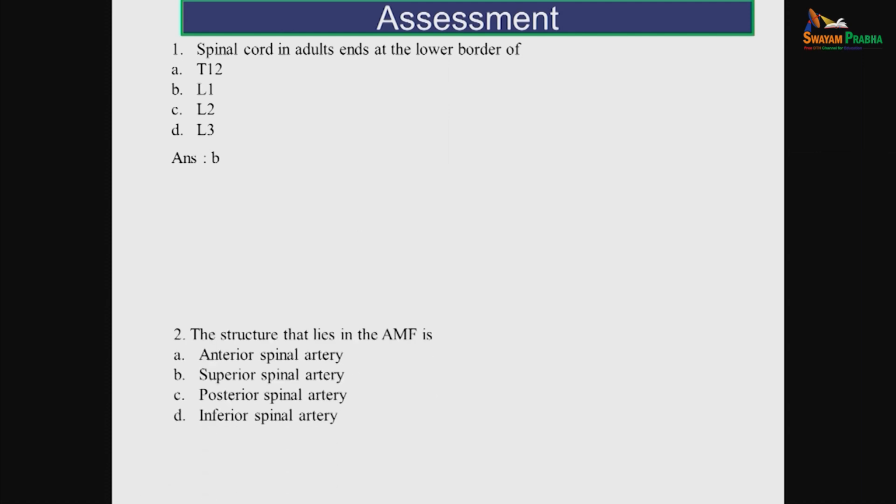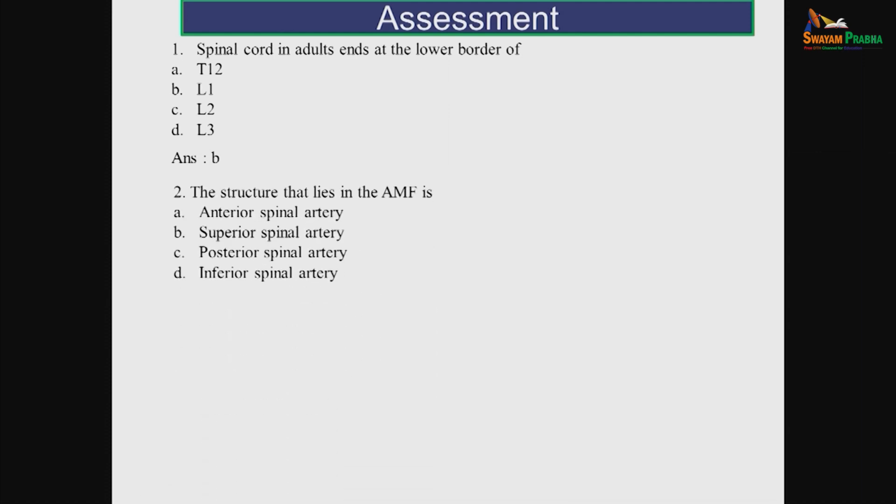Second question: the structure that lies in the anterior median fissure. The anterior median fissure is 3 mm, and which spinal artery is present in it? The answer is the anterior spinal artery.